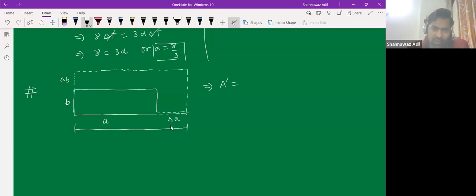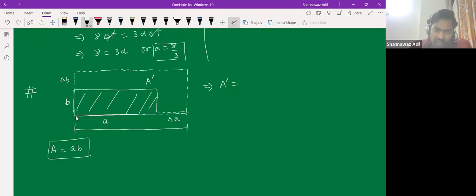This length is A plus delta A. Original area was how much? Original area was A into B, right? This is the original area. Now the new area has become A prime.